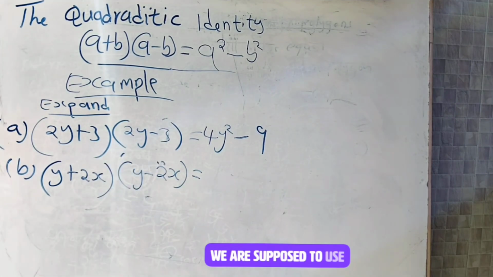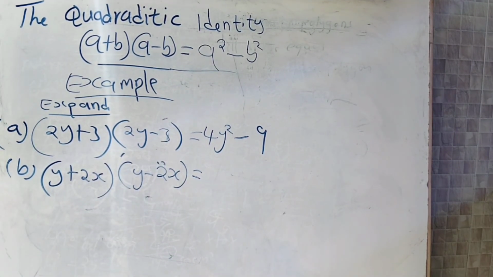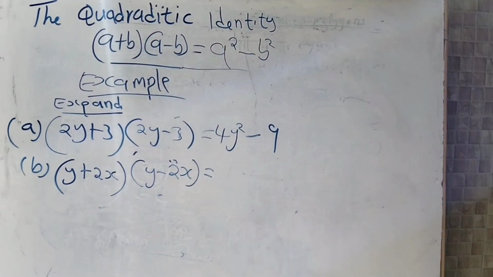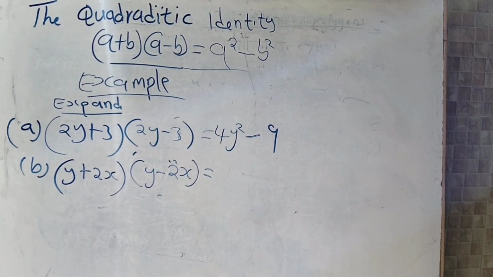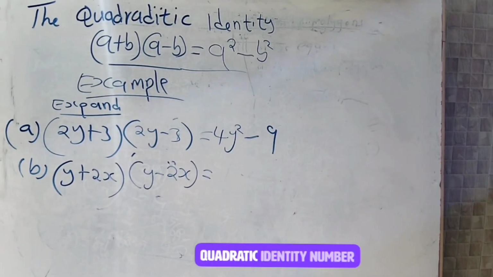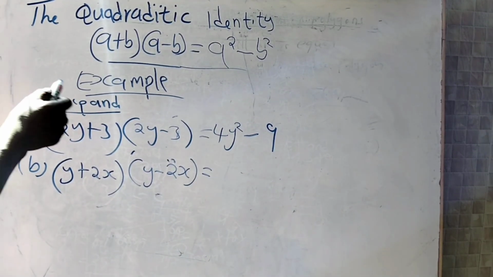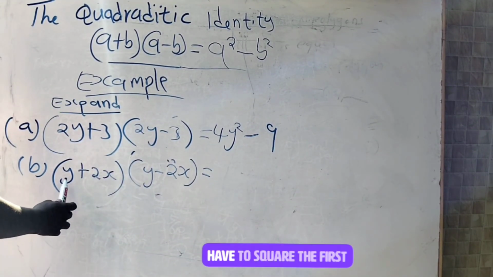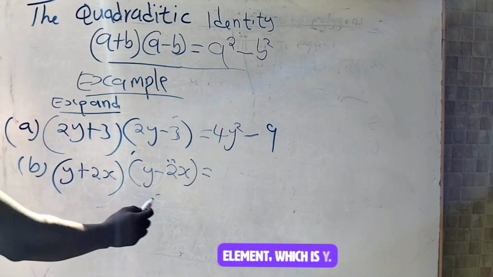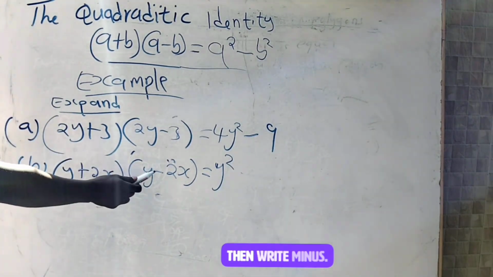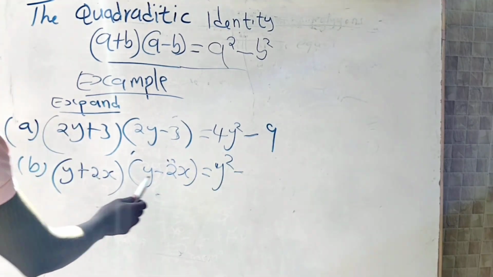We are supposed to use the quadratic identity. If we apply quadratic identity number 3, we square the first element, which is y squared. Then we write the minus.